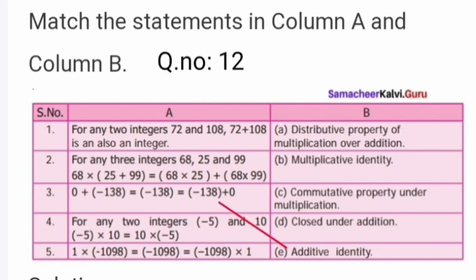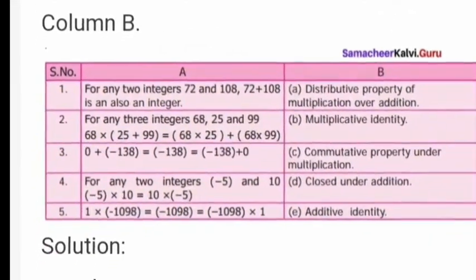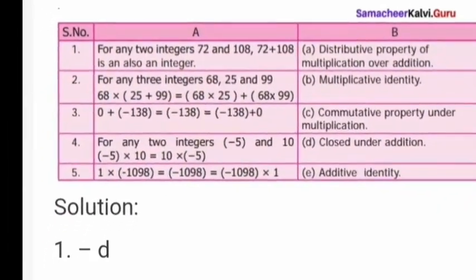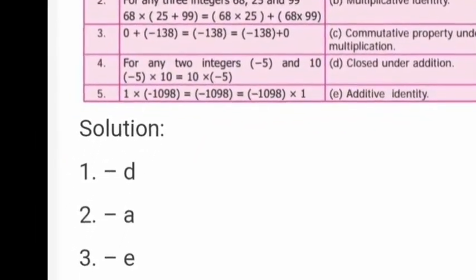Question number 3 comes under the property of additive identity. Question number 4 comes under the commutative property of multiplication. And question number 5 refers to the multiplicative identity. Look at the answer carefully and take it down in your classwork notebook.